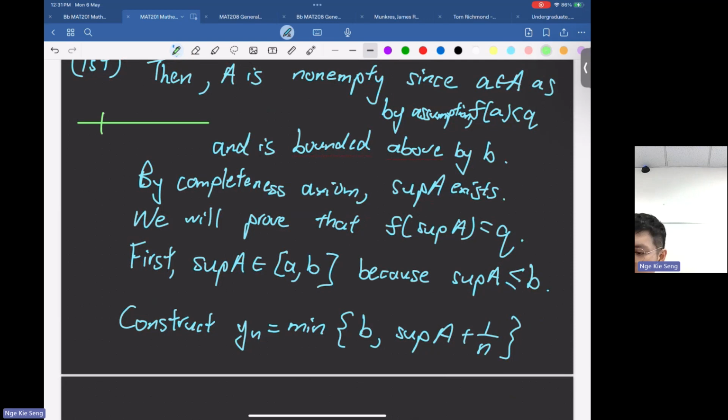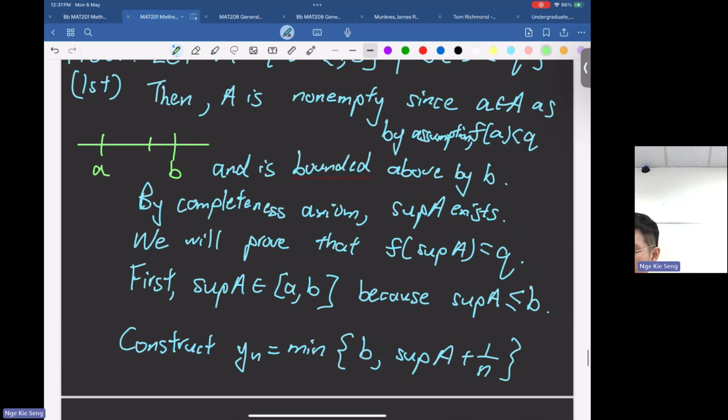Once I give you a closed interval, please pull out your real line. We are considering some sup A happening somewhere in the middle here. This y_n is either b or something a bit to the right of sup A.